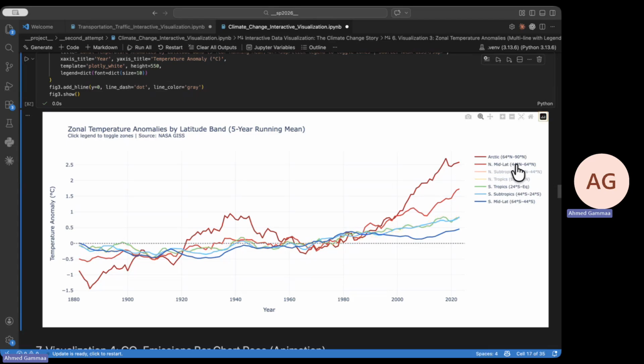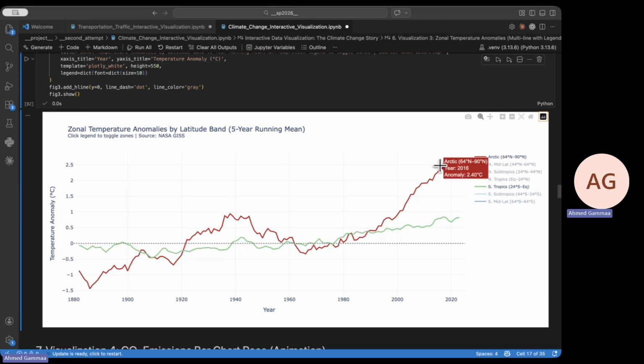Let me focus on this Arctic band and the tropic band, which is the equatorial. As you can see, we have what we can call the Arctic amplification, which makes the Arctic band have three-fold the anomaly in the tropics band, which is the equatorial band.